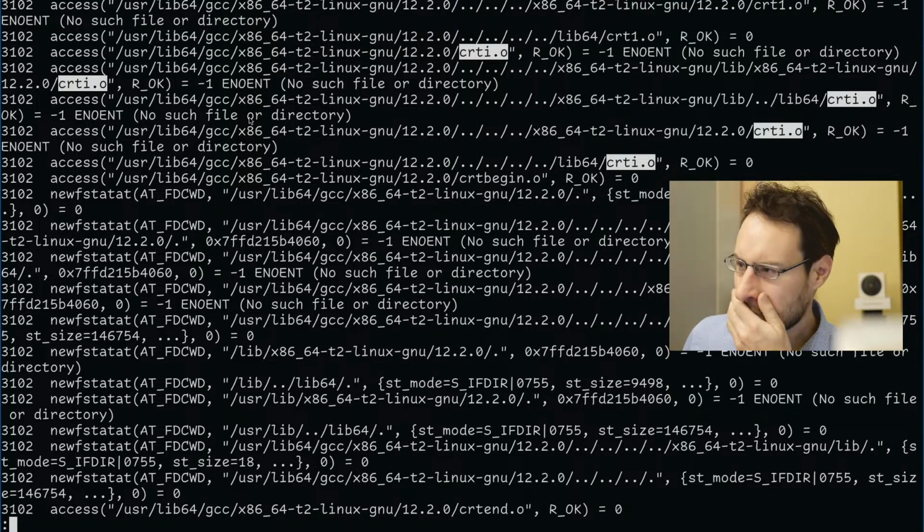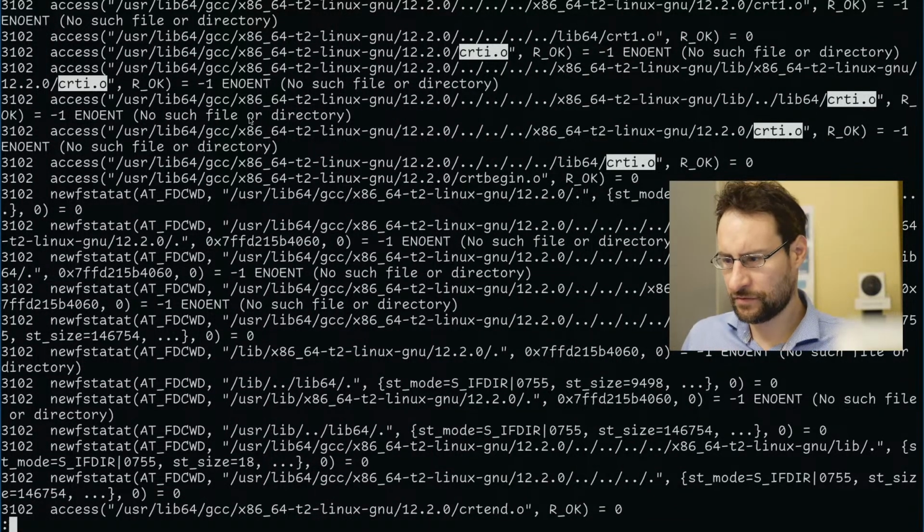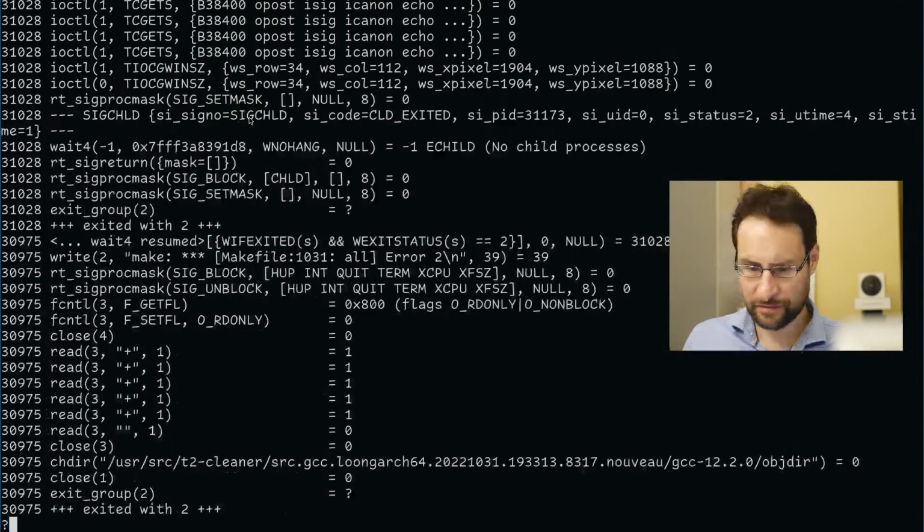What? Why is this here? x86. Is this somehow using the wrong linker? Some other strange stuff.